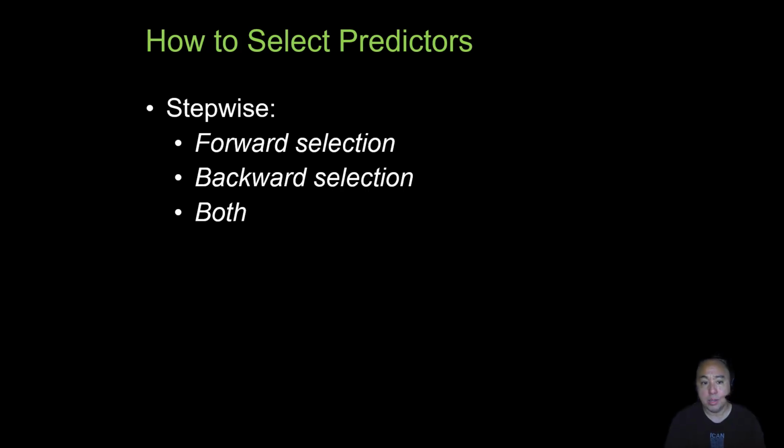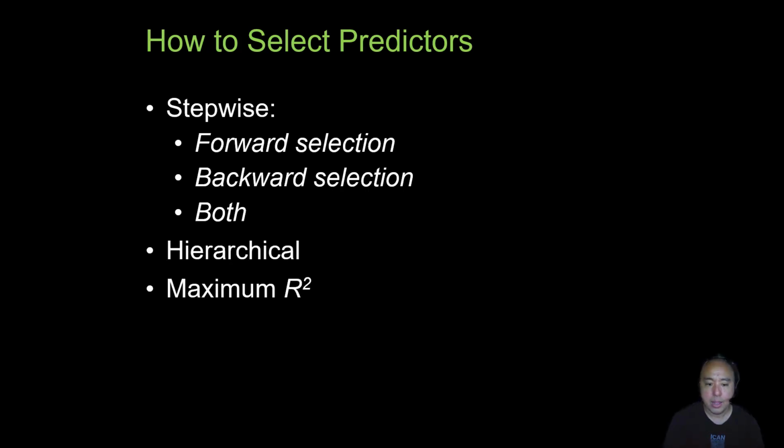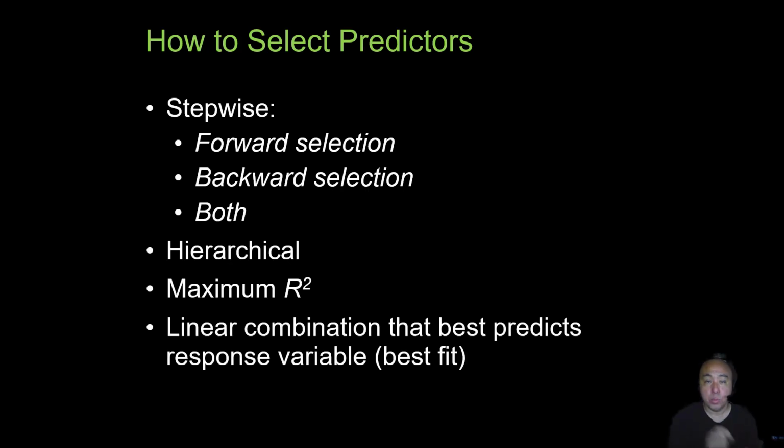Now, I'm not going to spend a whole lot of time on the different methods of multiple regression, but one of the more common methods is what's known as a stepwise regression analysis, which combines a forward selection of predictors as well as a backward selection and determines the best combination that predicts the response variable. In this case, it could be knee valgus torque or cholesterol concentration.